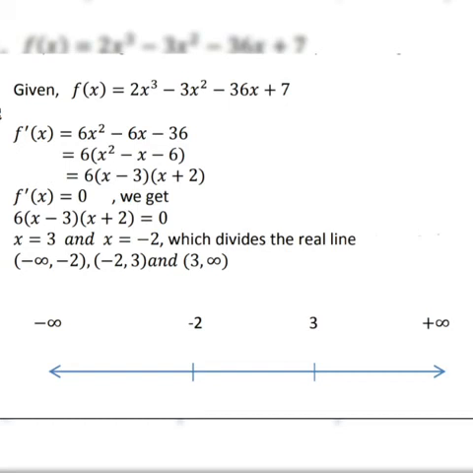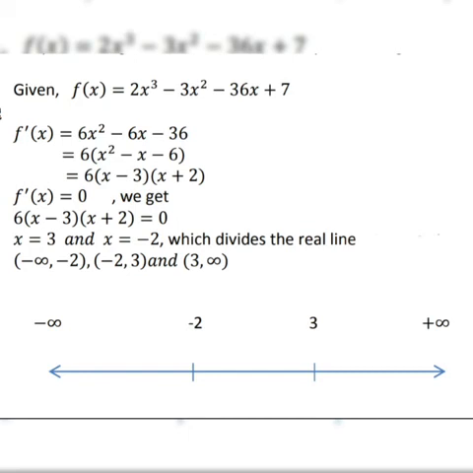So now when you equate f prime of x equal to 0, we are trying to find out those values of x where you may get a maximum value or the minimum value of the function.